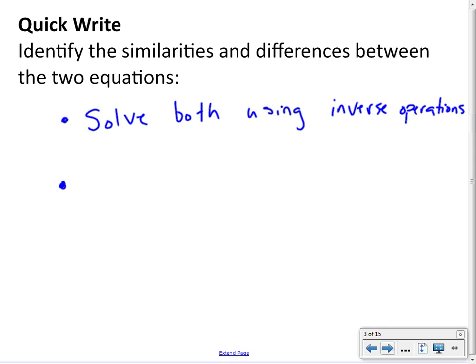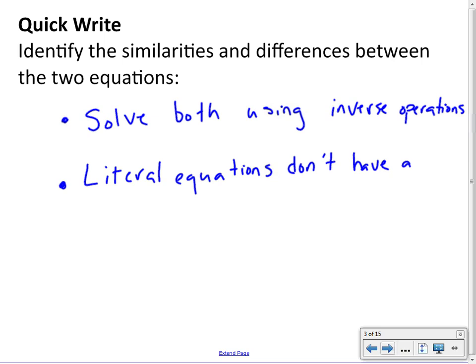The other point that I want to make that I just talked about is literal equations don't have a number for their answer because we have multiple variables.